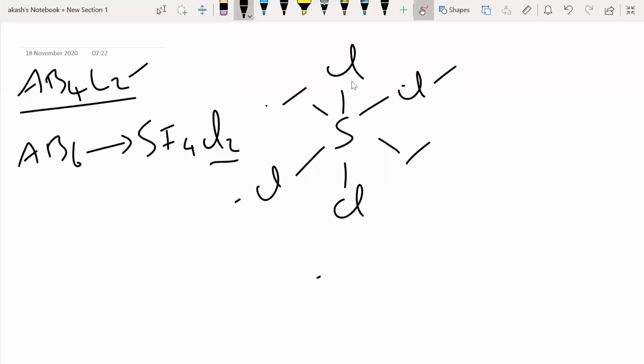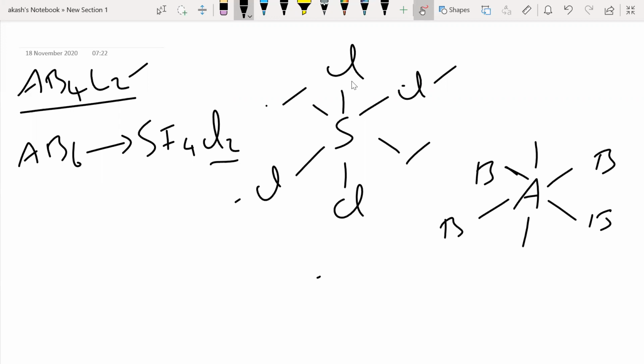Now we'll come back to AB4L2. Now the same thing we saw just now is going to work there, right? So let me draw it. Now I'll put the bonding atoms like this, right?